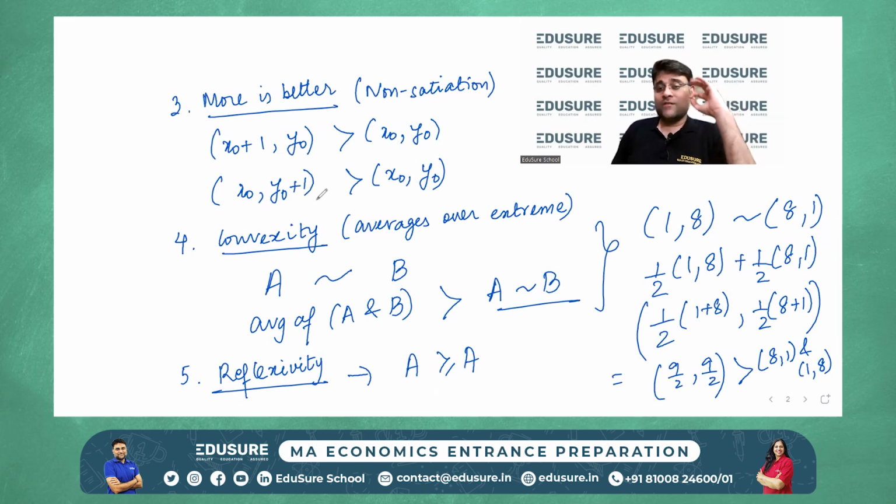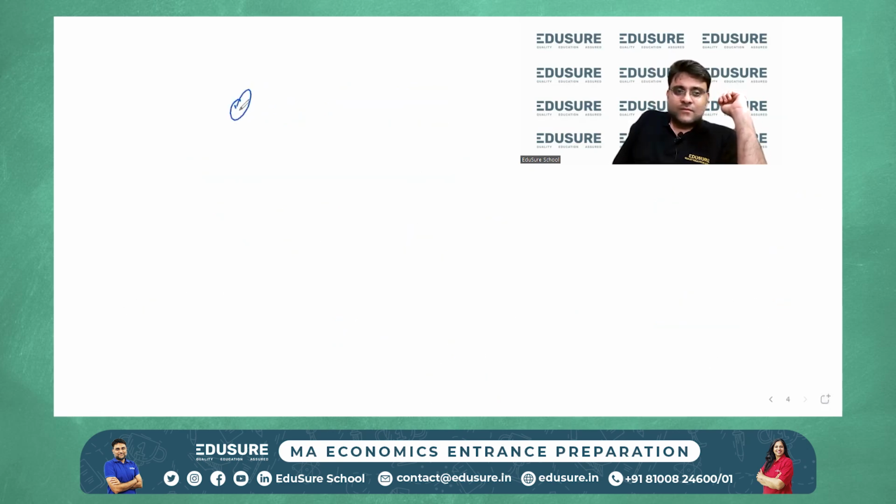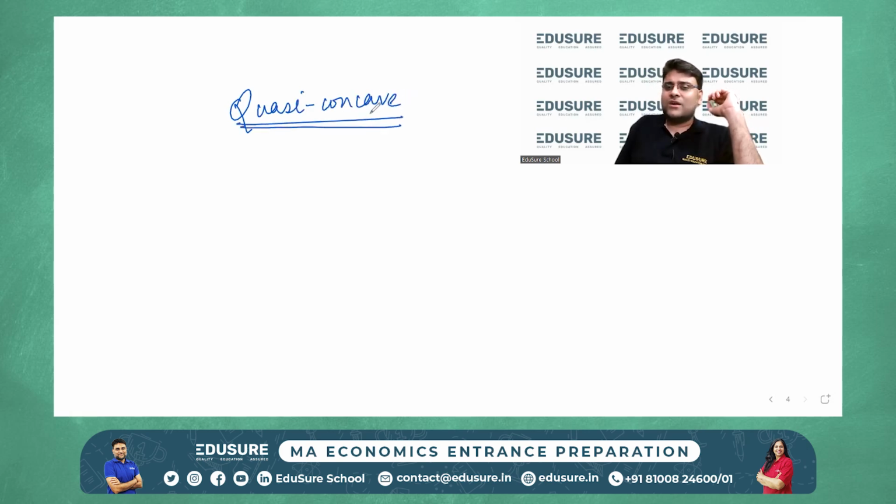And convexity. Convexity is also a desirable property, which makes the utility function something called quasi-concave. Now, quasi-concave as a property, we will study in detail when we go into mathematics.